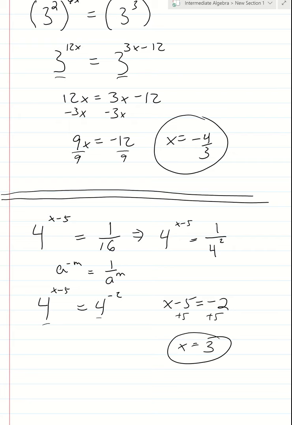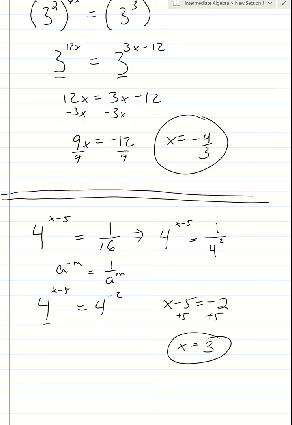Okay? So when solving exponential equations, you may have to manipulate one or both sides to get a common base. Remember, look at your numbers. Always take the bigger number and try to rewrite it as a smaller base number. Your ability to think of numbers in different ways will come in handy here.